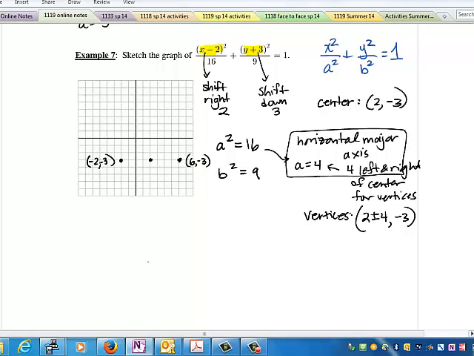So we've got our vertices, and then we use b squared to find b, and that tells us how far to move up and down to get the minor axis, and still from the center.